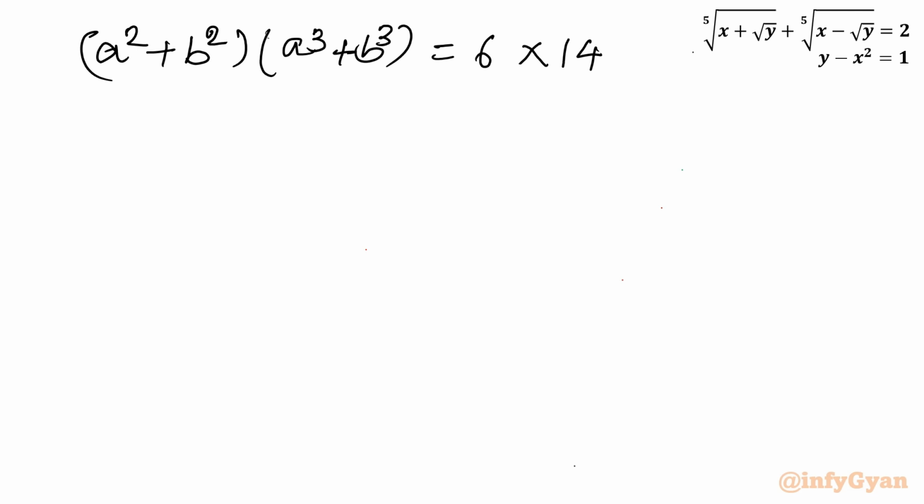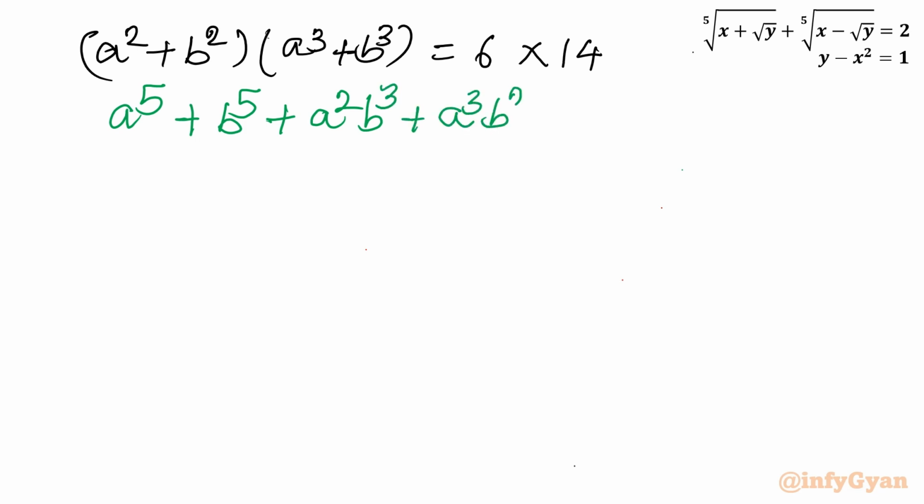The cube summation is 14, the square summation is 6. Let us expand. A square times a cube gives a power 5, b square times b cube gives b power 5, then the cross multiplication, a square b cube and a cube b square, equal to 6 times 14, which is 84.